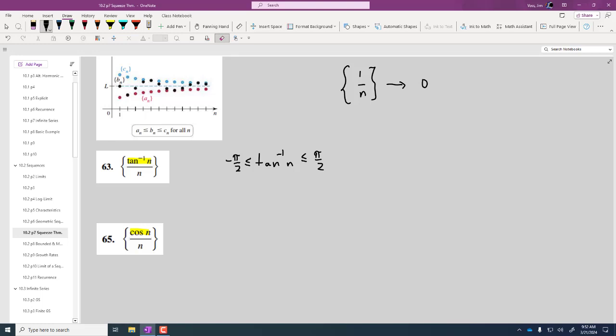Now what we're going to do is divide all sides by n. What we're trying to do is build up so that the middle of this inequality looks like that. So we divide everything by n, and the middle term is getting where we want it to be. And then we're going to apply the limit to that.